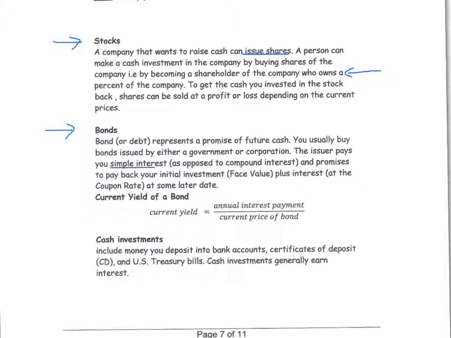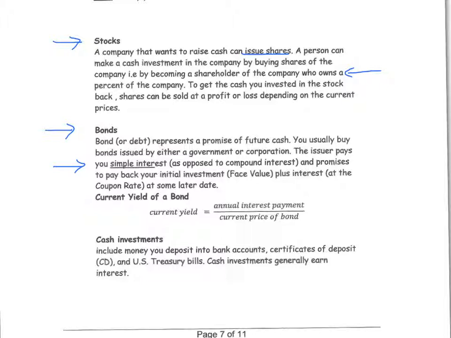Because they're adding interest to the amount that you've invested in buying the bond. So when you buy a bond, you're basically giving the company a certain amount of money, and in future, they return the amount of money that you gave them, plus a simple interest amount on the amount that you invested.